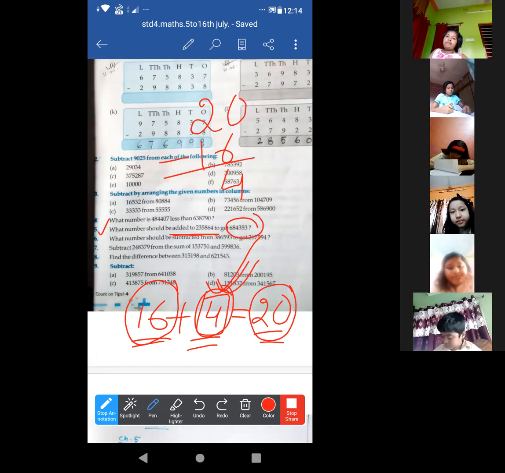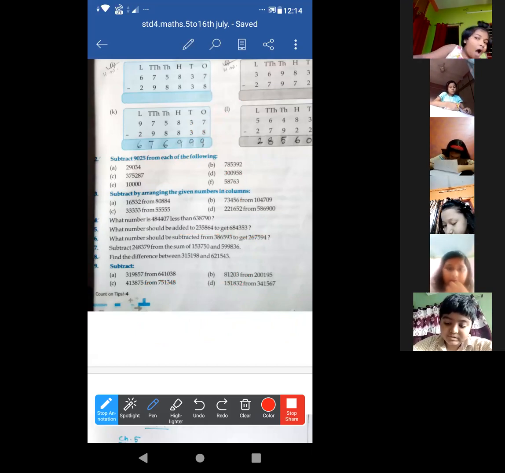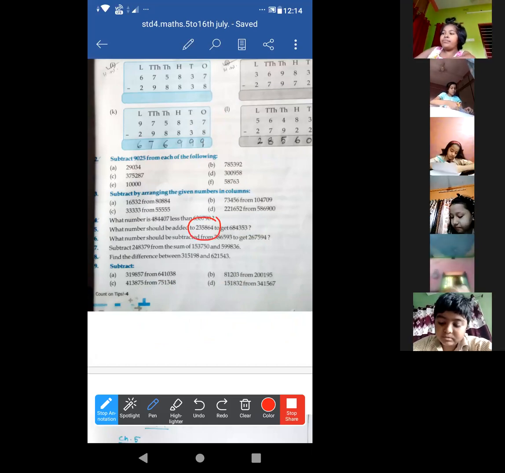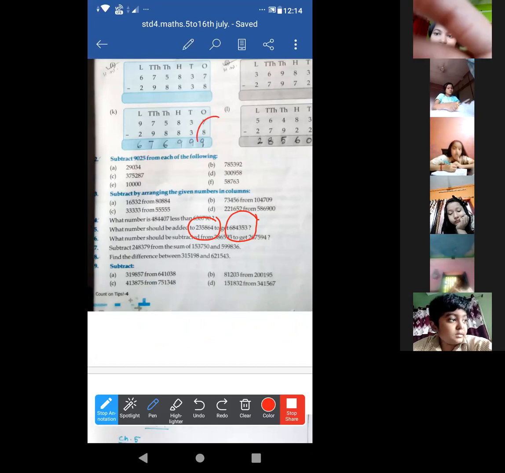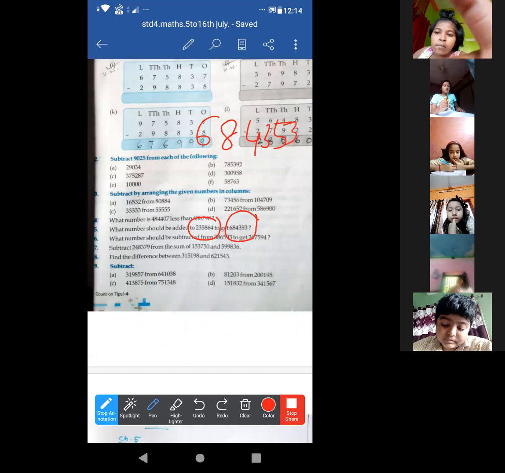Now look at this. Question number 5. It is given: what number we have to add to 2,35,864 so that the resultant value will be 6,84,353? 6,84,353 is the resultant value.